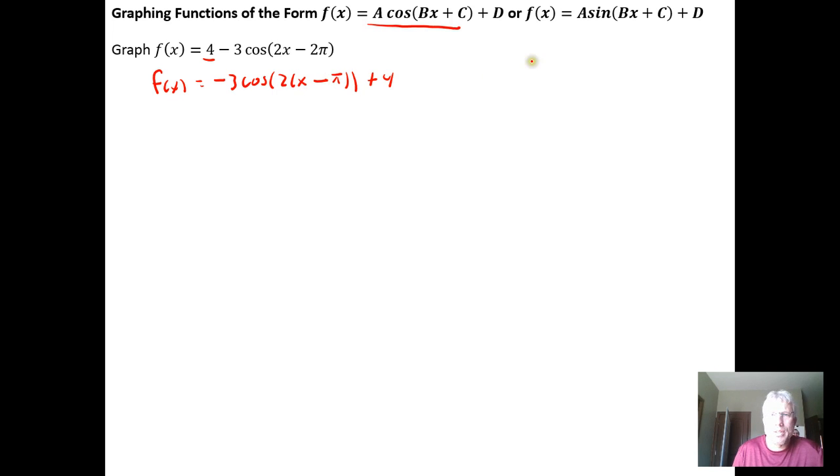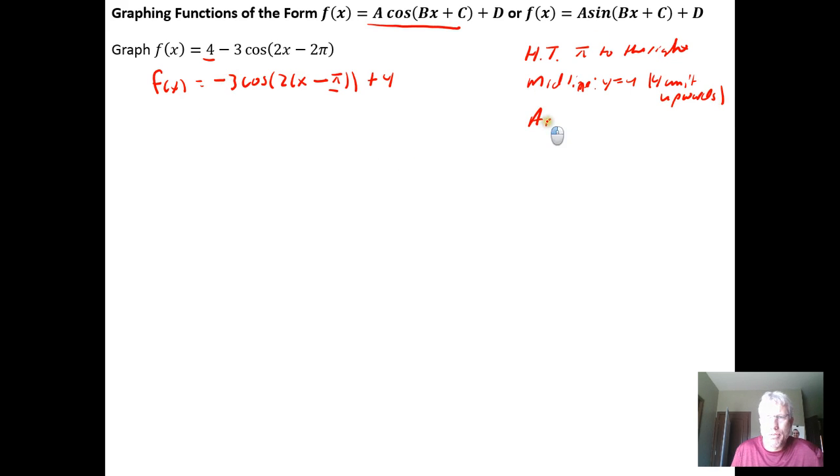I have a horizontal translation of pi units, and though there's a minus, so it's pi to the right, plus 4, so the midline is going to be raised up to y equal to 4. The midline will be at y equals 4, or we have a 4 unit upwards translation of the entire graph.